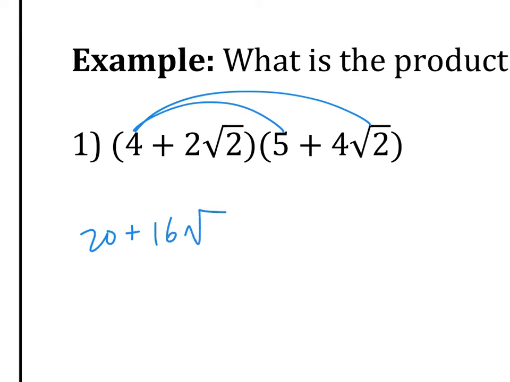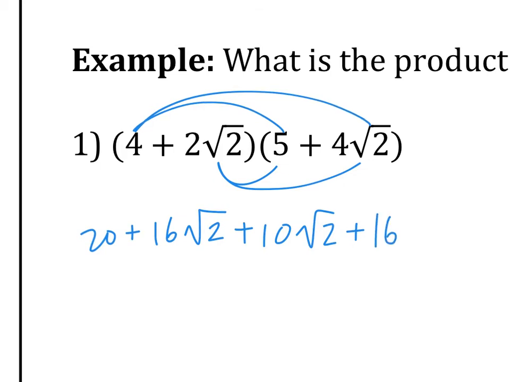So multiply the number with the number. When we multiply a number with a number and a square root, we multiply the numbers together. All right, inner. 2 root 2 times 5. 10 root 2. And then last. 2 times 4 gives you 8. Square root 2 times square root 2 is 2. So 8 times 2 is 16.